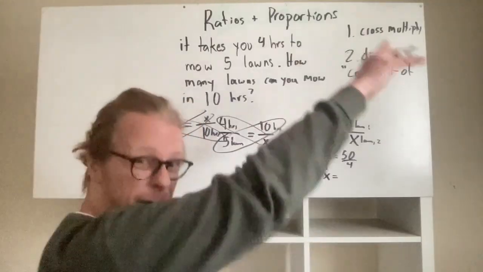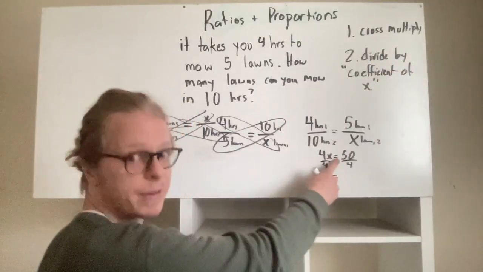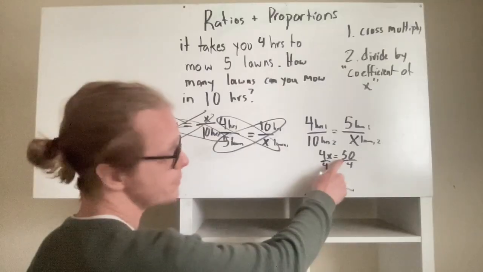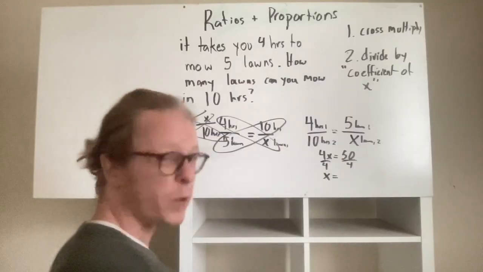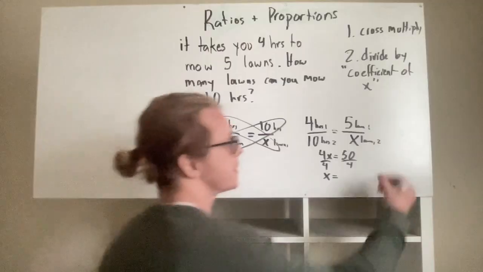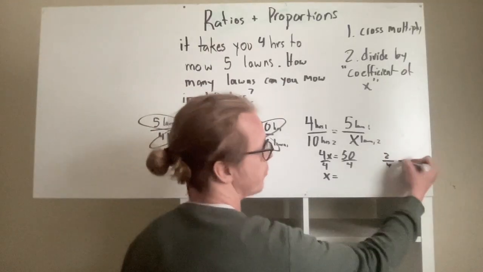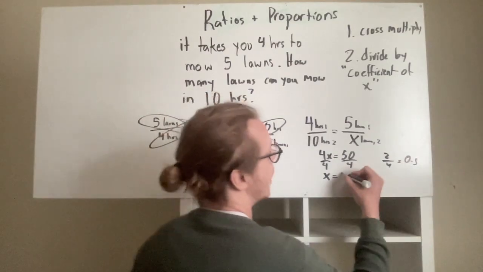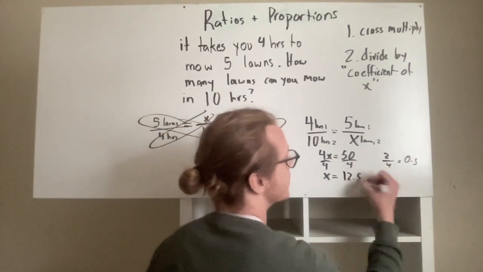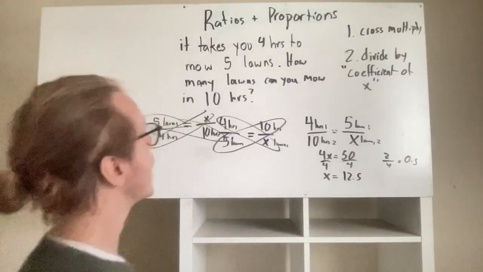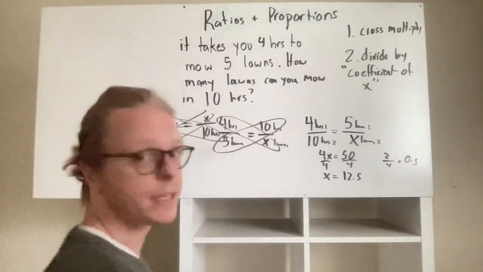I'm going to count up my 4 times tables as far as I can get with 50. The biggest one I can think of close to 50 is 48, which is 12 times, leaving me 2 left over, and 2/4 is 1/2, or 0.5. So this is 12.5. So we could mow 12.5 lawns in 10 hours.